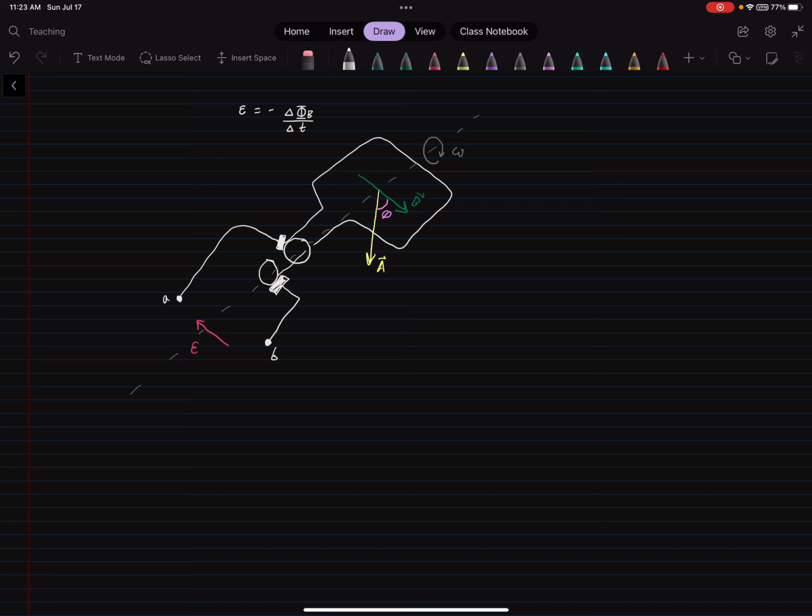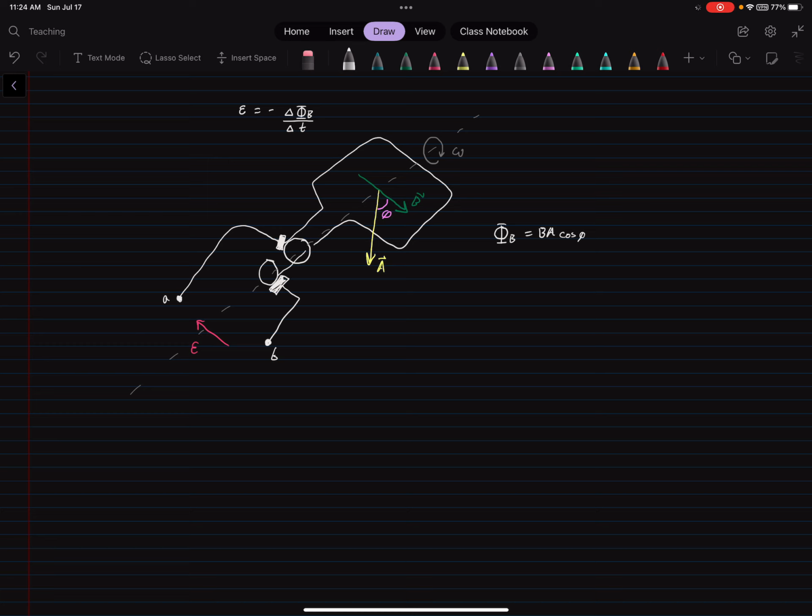So the magnetic flux of this loop, given this magnetic field and this rotation, we can say is B times A times cosine of phi, because if phi is 90 degrees, B and A are perpendicular, then there's no magnetic flux, and cosine of 90 is 0. Whereas if phi is 0 or 180, then the flux is maximum, and that's when cosine is 1. Cosine of 0 or 180 is 1, and so then you just get the full B times A. Anything in between would be less than 1, 0.7 something, for example.